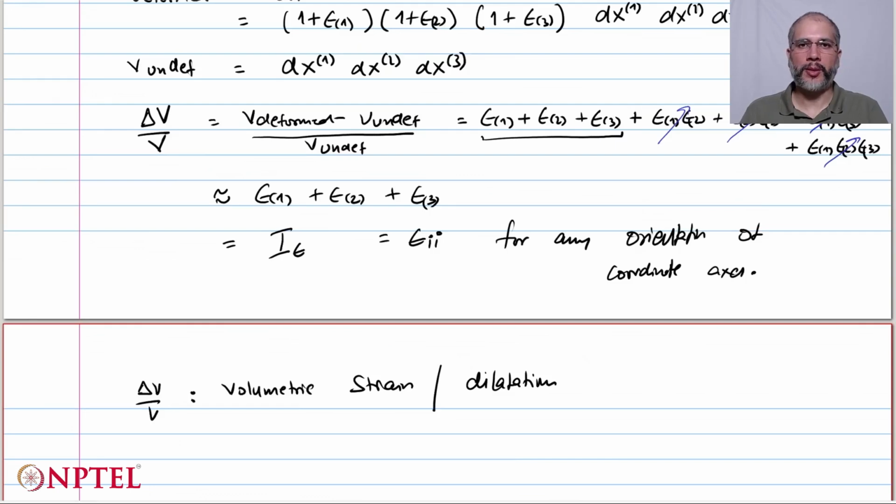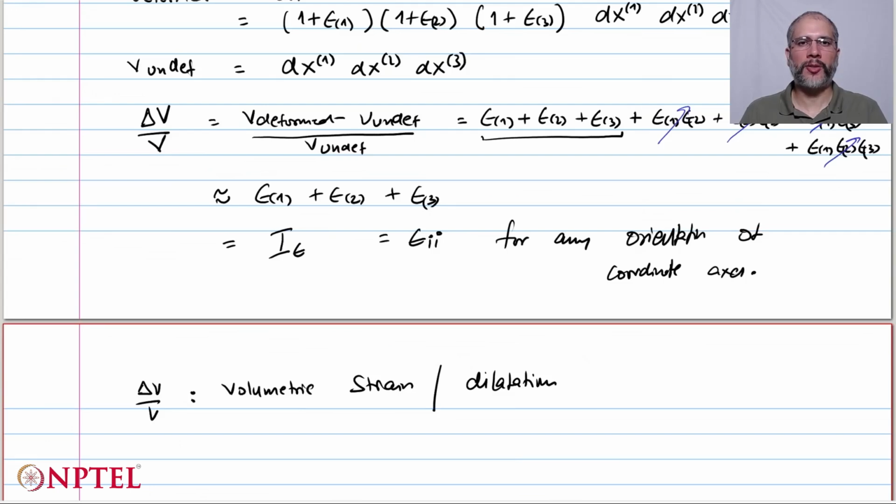So we have shown that when our cuboidal element is oriented along the principal directions, the volumetric strain is the trace of epsilon. But the idea of the volumetric strain being equal to the trace of epsilon is not limited to our choice of the element along principal directions.